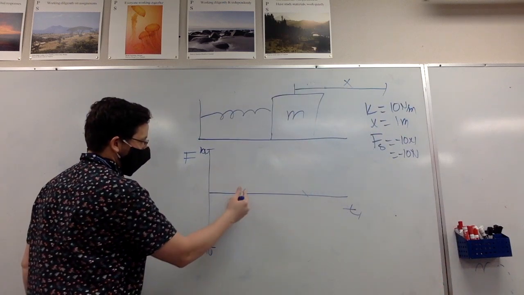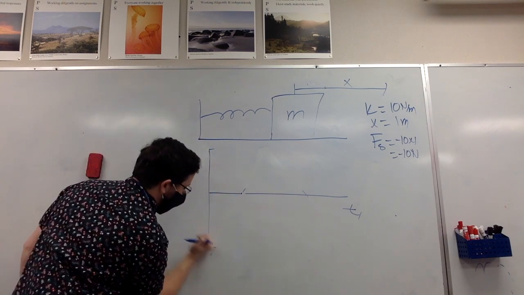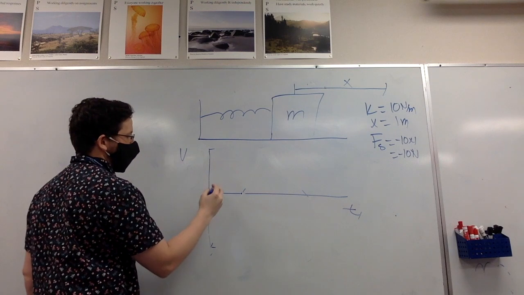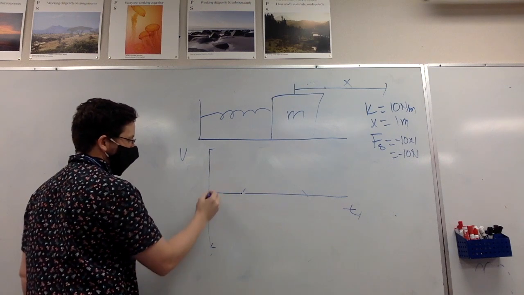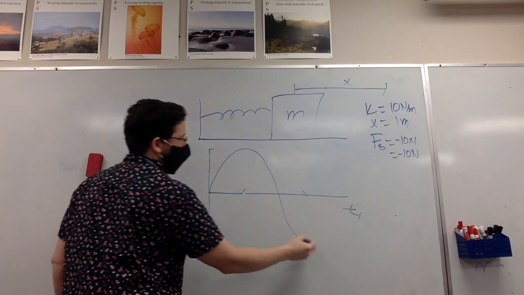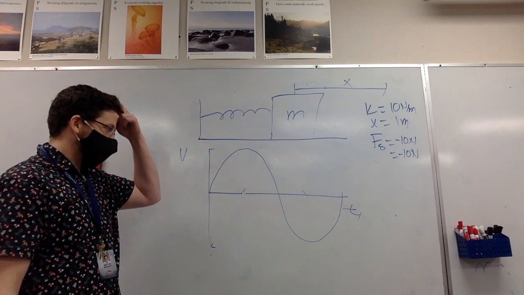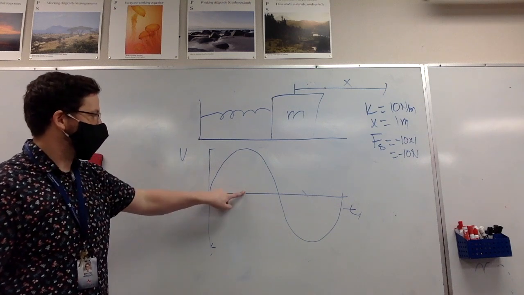So where there was no force, let's say we change this to velocity now. If this is a velocity versus time graph, the velocity would actually be 0 here, and then it would hit a max where the force was, and it'd look something like this. And then it slowly gets smaller and smaller. Yeah, so this would be the velocity.